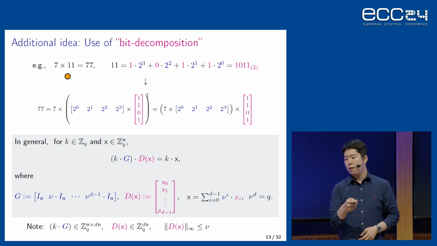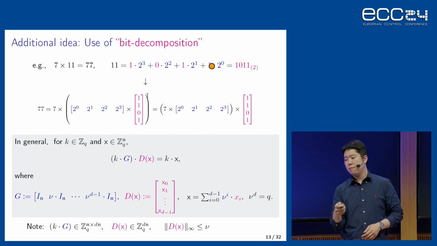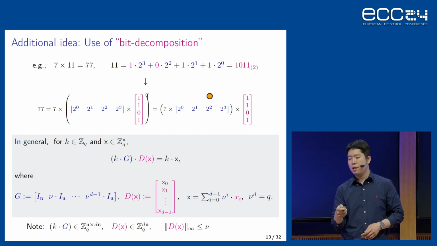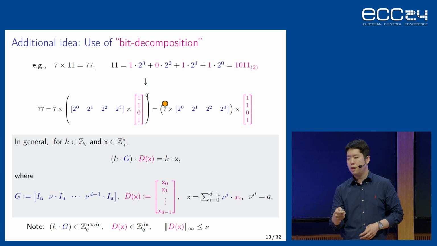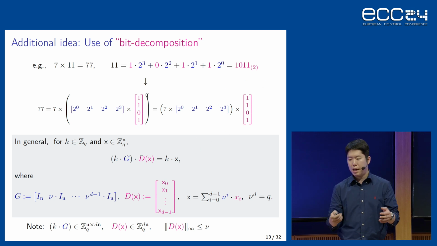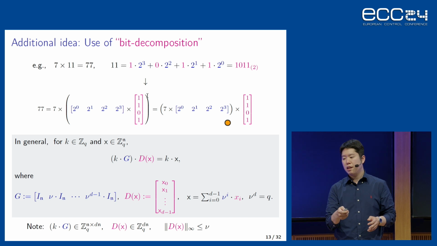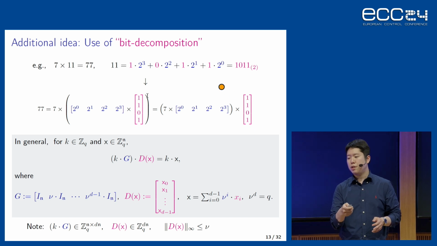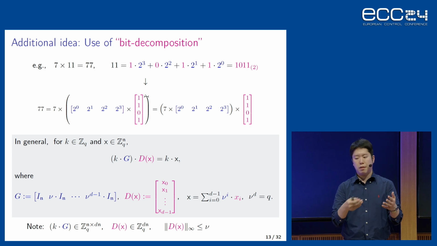When we express this number 11 using the binary system, then we can express the number using binary numbers. Then, by use of the associative law, we can express the multiplication process in a slightly different way. But by this idea, you can see that the right term, which is the multiplicand, consists of far smaller numbers.